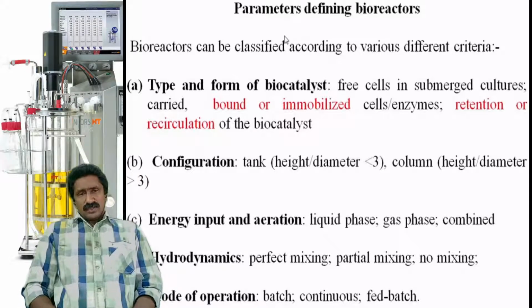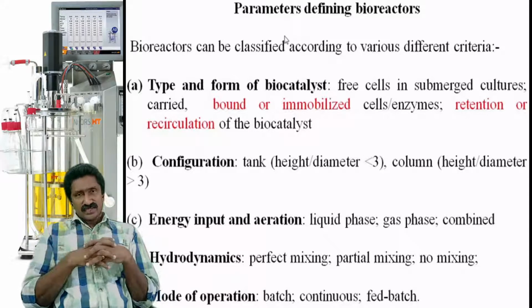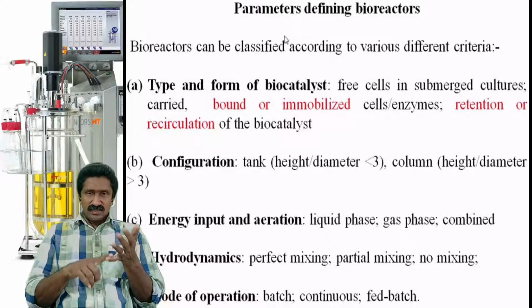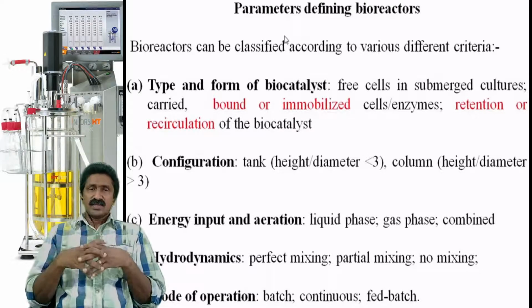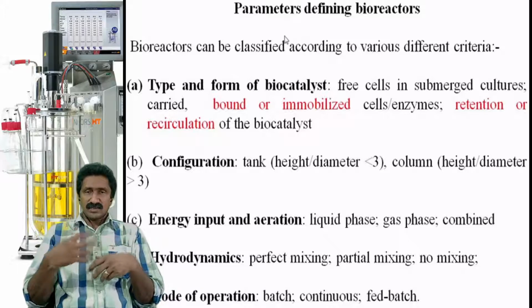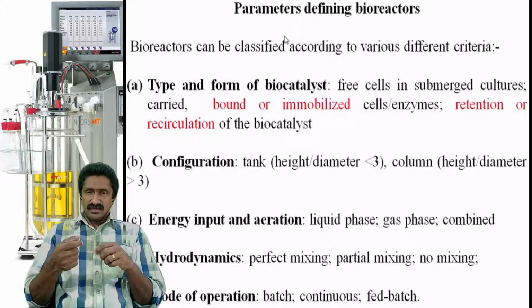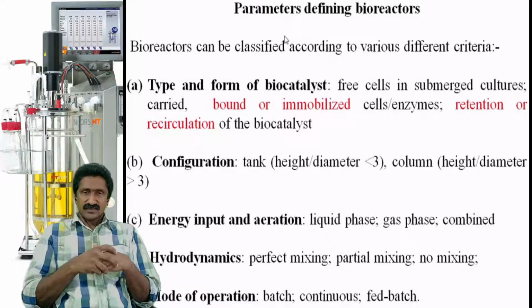Now, energy input and aeration, that's another criterion, where you can use liquid phase or gas phase or a combined method of liquid and gas. So for various types of energy input, like for mixing and aeration, you can use various methods. That is possible with airlift reactors, for example, in the gas phase.